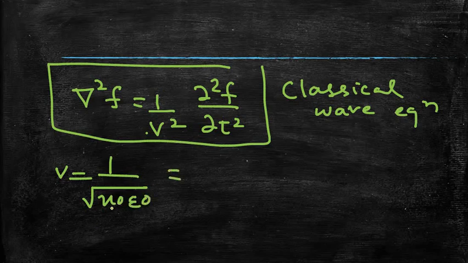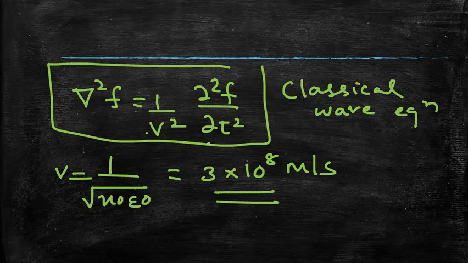Here mu 0 is permeability and epsilon 0 is permittivity. When you substitute, you get the speed of light, which is quite apt, because an electromagnetic wave will definitely move with the speed of light.